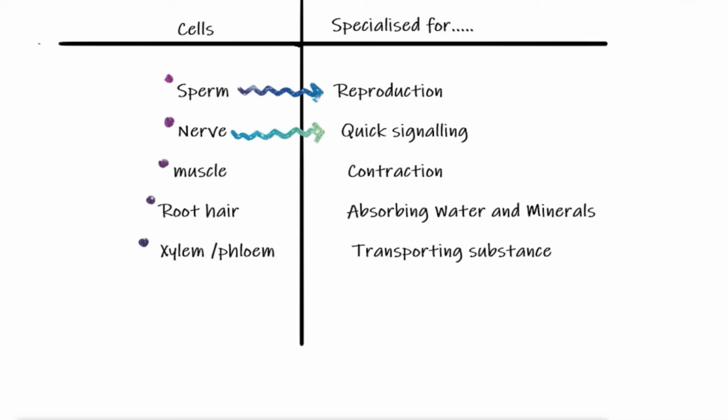It carries electrical signals from one part of the body to another. The muscle cell is specialised for contraction, and the root hair cell is specialised for absorbing water and mineral ions. The xylem and the phloem is specialised for transporting substances such as water and sugar.